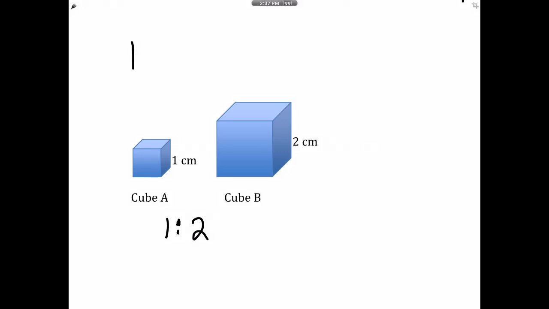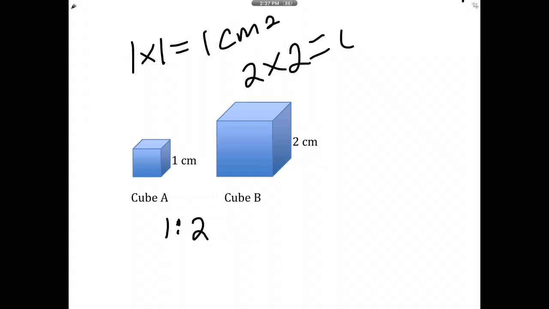So we have 1 times 1, which equals 1, so 1 square centimeter for a side of cube A. Then for cube B, we have 2 centimeters times 2 centimeters, which ends up being 4 square centimeters. So that changes right there. The area actually changes the scale factor from 1 to 2 to 1 to 4.